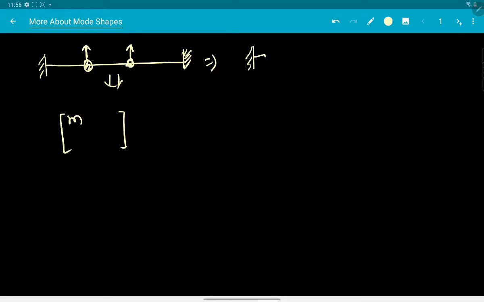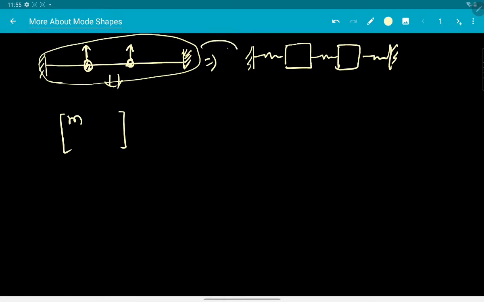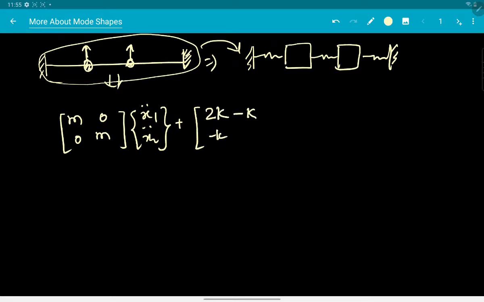So if this is the symbolic representation of whatever our system is, this system you transformed into this, okay, and you got such kind of equation. Here it was 0 0, and I'll write it down in this fashion: 2k minus k.